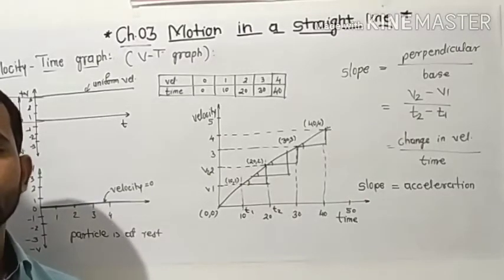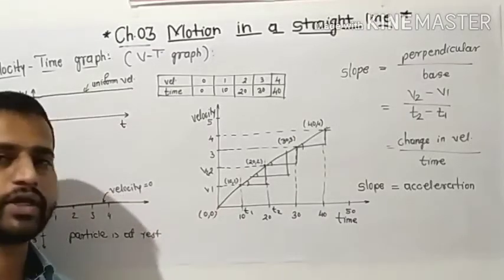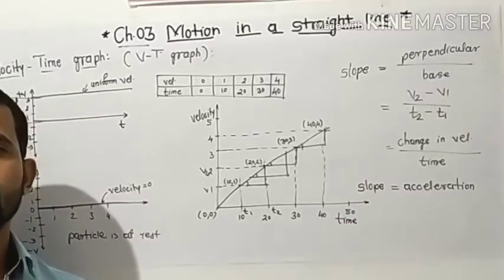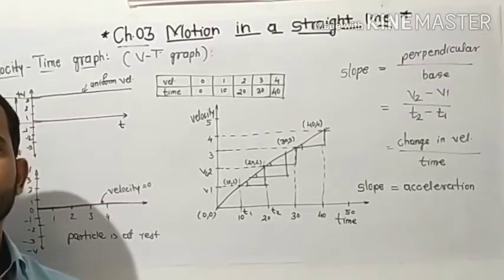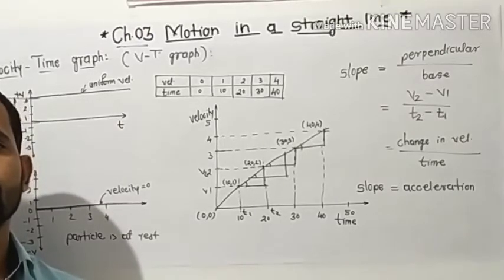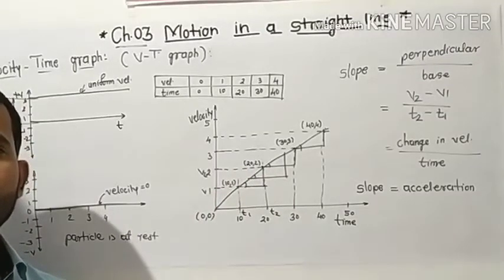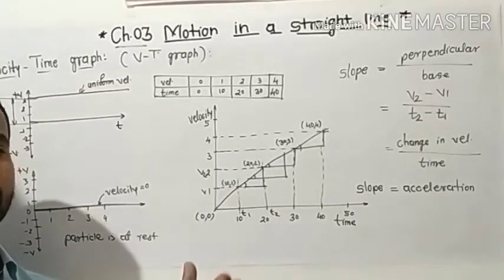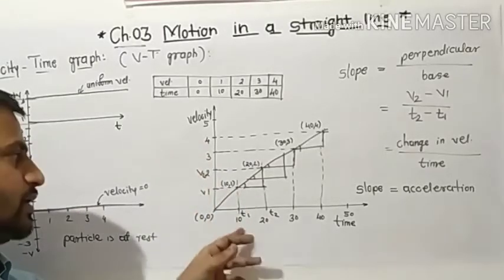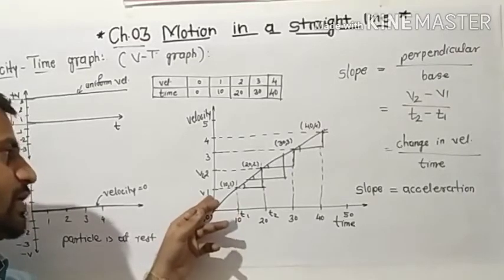And in the third case, if in a VT curve for equal intervals of time we get equal changes in velocity, then we get uniform acceleration. Here the time increased by 10 seconds, the velocity increased by 1.